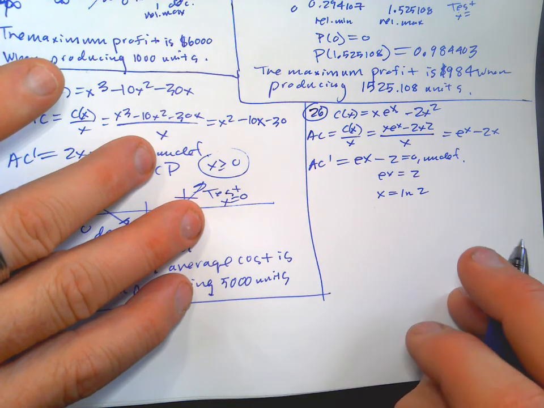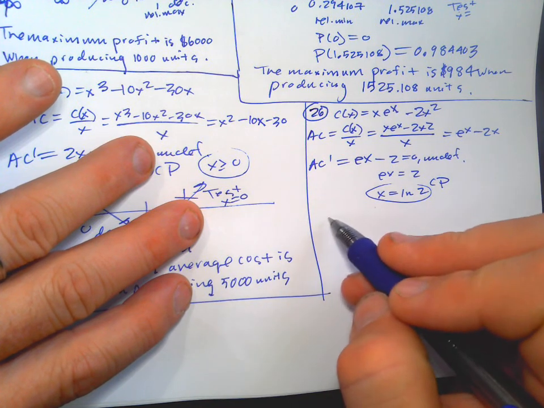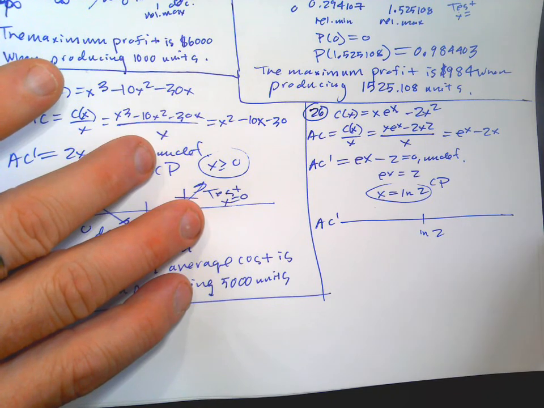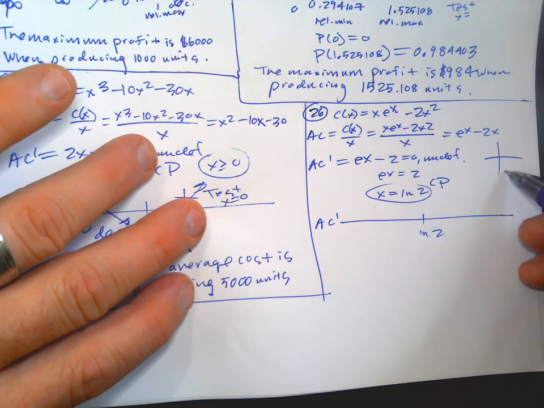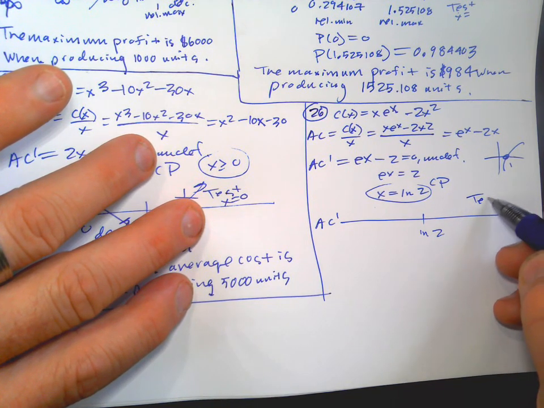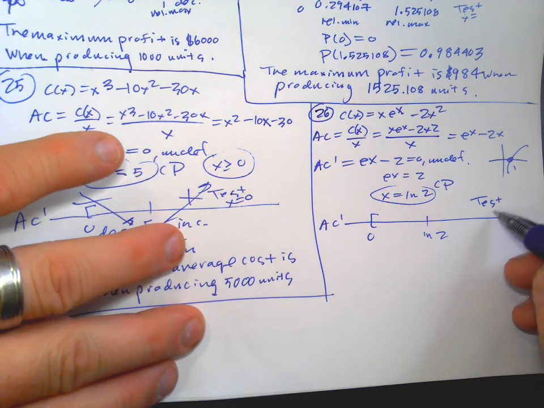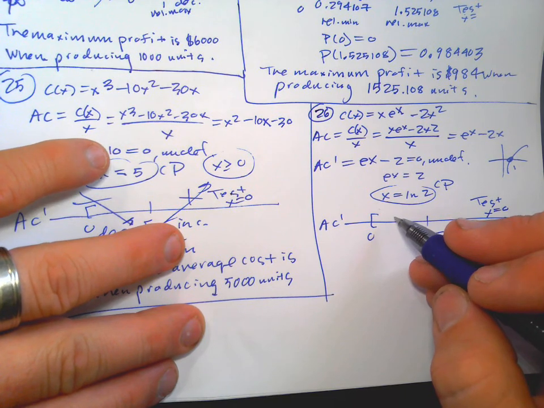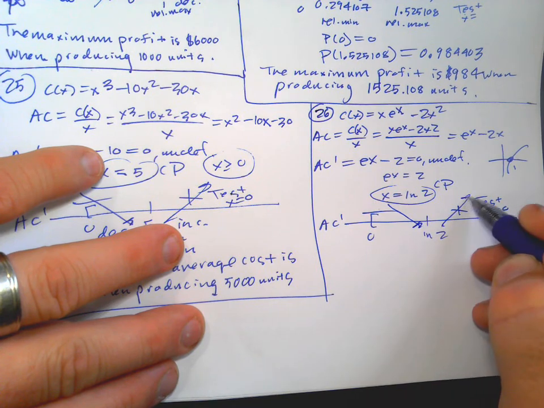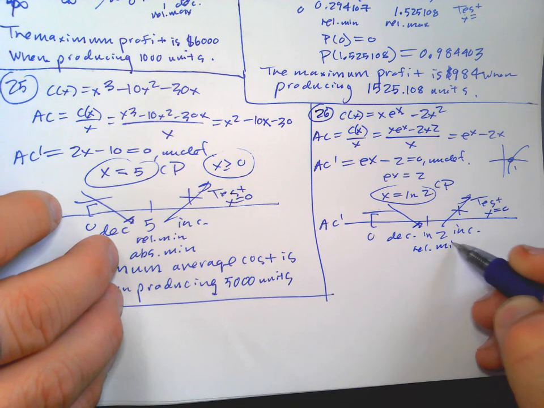So this is the critical point. There's only one. We could do the first derivative test. Natural log 2 is definitely positive, right? I'm just saying that because it's definitely to the right of 0. Test, say x equals 0. E to 0 is 1. And this is negative. This is positive, decreasing, increasing. Relative min, absolute min.